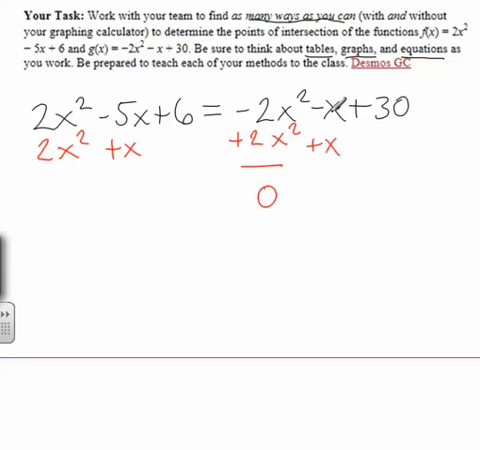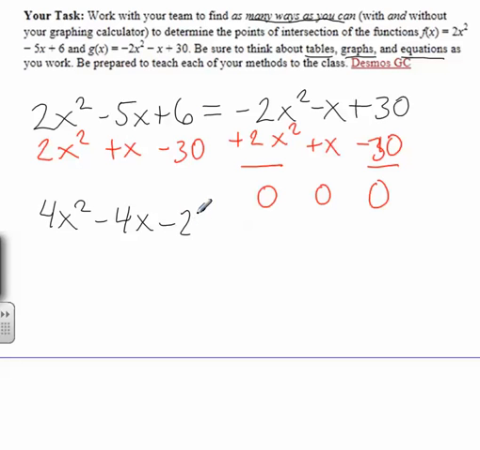This will be 0, this makes 0, and this makes, I need a minus 30 to make 0. And so minus 30 from here. So the result would be, I've got 4x squared, a negative 5 with a positive 1, minus 4x, and a 6, and a negative 30, negative 24. And it all equals 0.